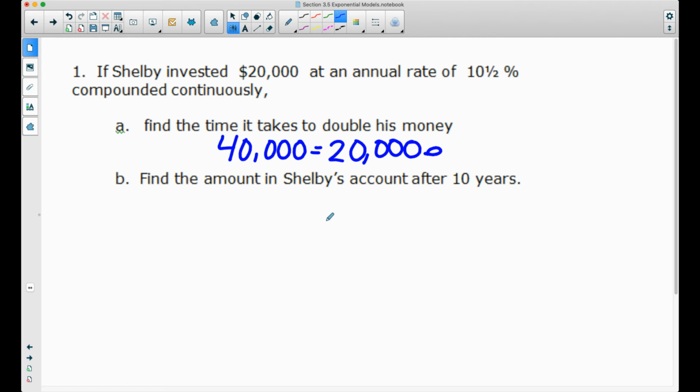Then we have E raised to our rate. If it's 10.5 originally, we move the decimal place. And it says how long does it take? Now, what would be our first step technically here?